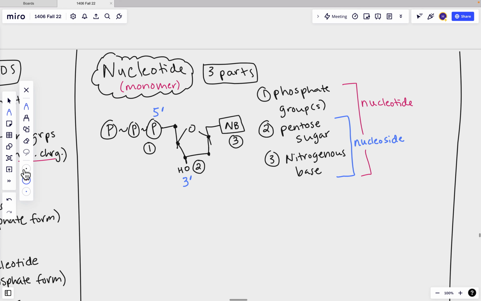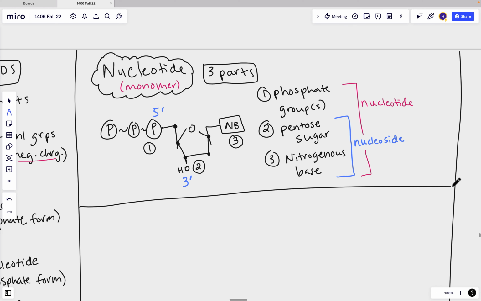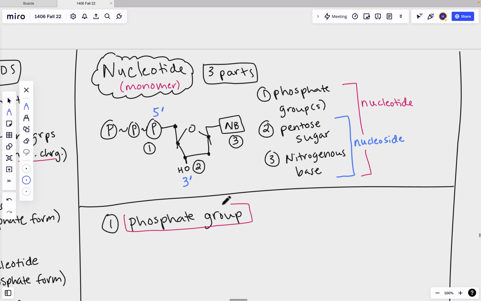So let's look at these groups in a little more detail. Draw a line. This will help us distinguish RNA and DNA. So we have the phosphate group. If you have room to the right, you can draw it there, or you can draw it below.